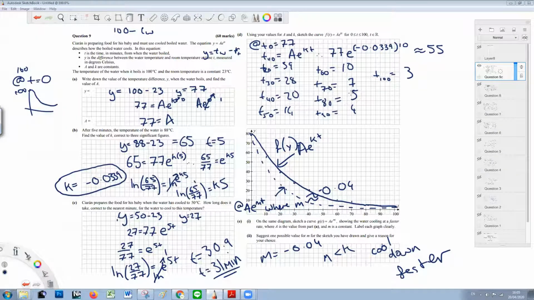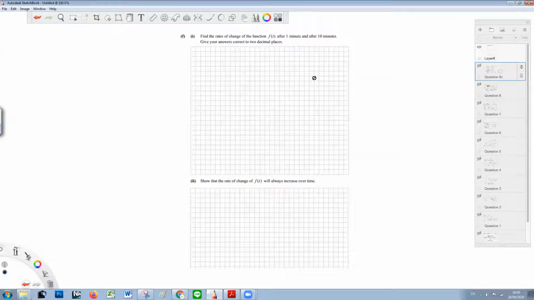So then we're just asked for one final part. So I'm just going to hide this. And we need to find the rate of change of the function f of t. So at this point, it's important to know this.